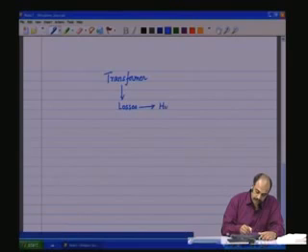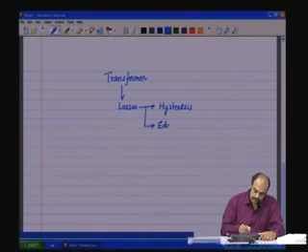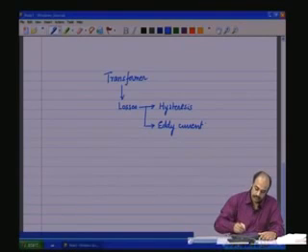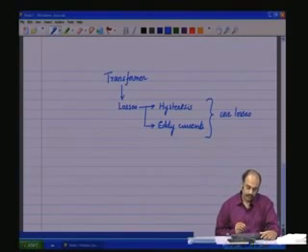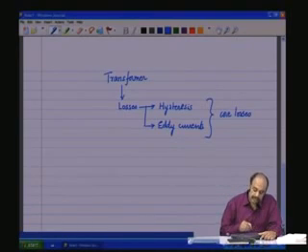That is due to the hysteresis and the eddy currents. This we are calling the core losses. Now, from this aspect, let us see an ideal transformer.